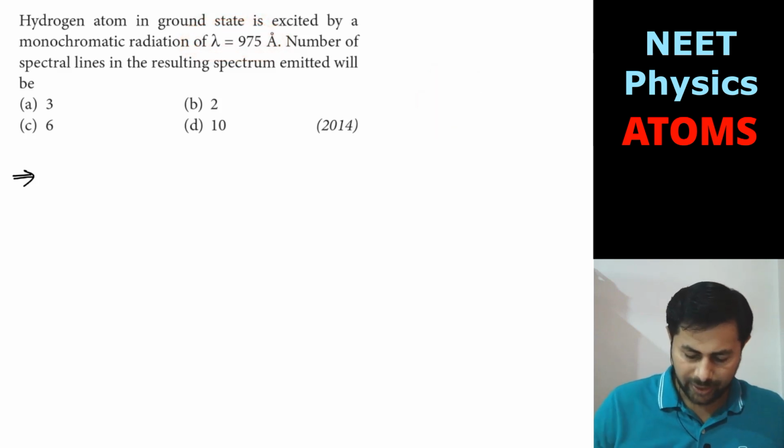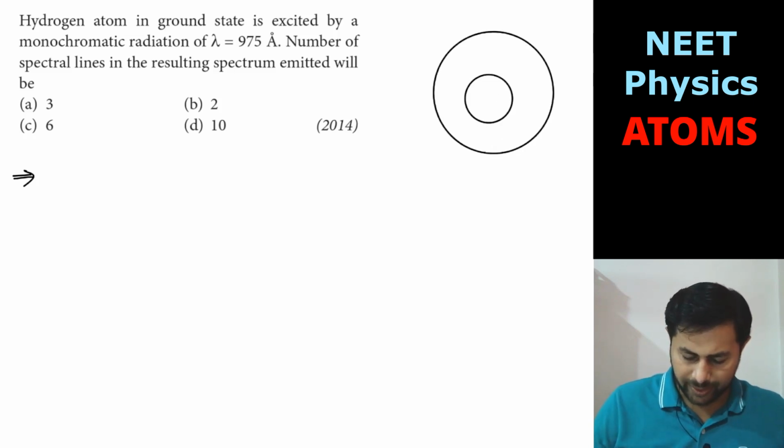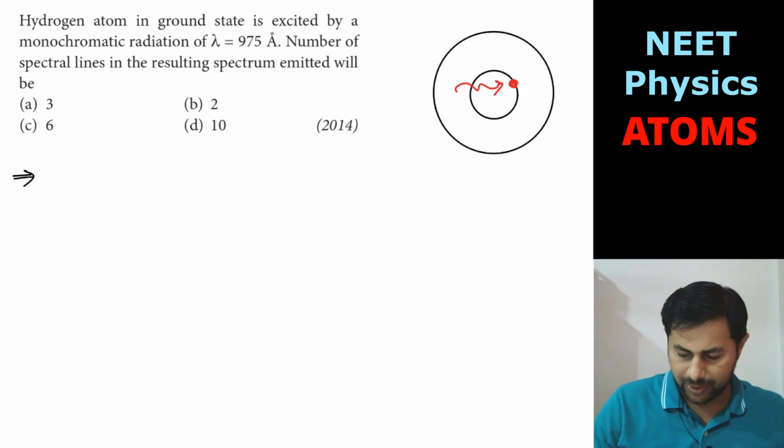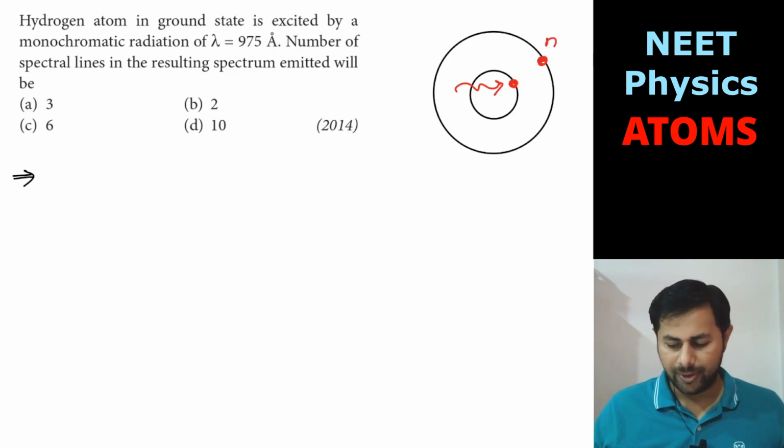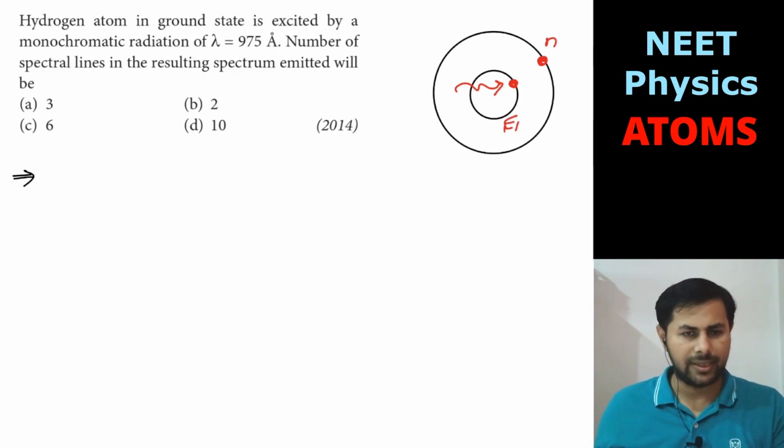So your electron is revolving in ground state. Now a photon strikes this electron, so it goes from ground state to some nth state. Suppose it goes till here, the nth state.